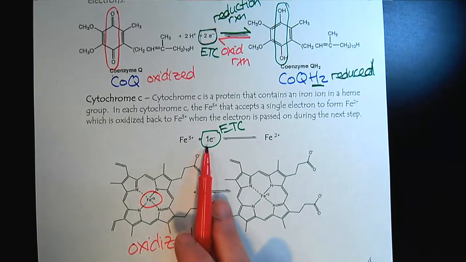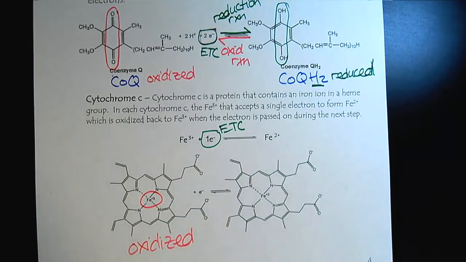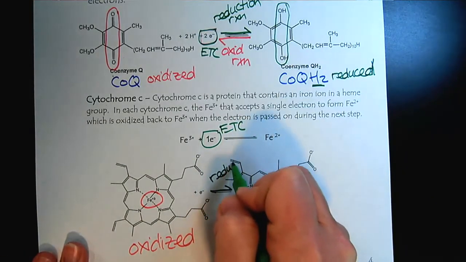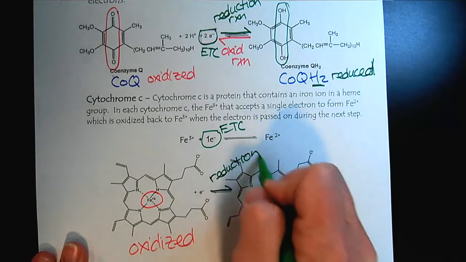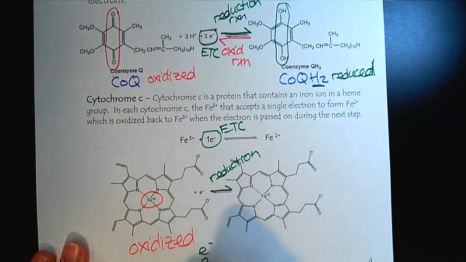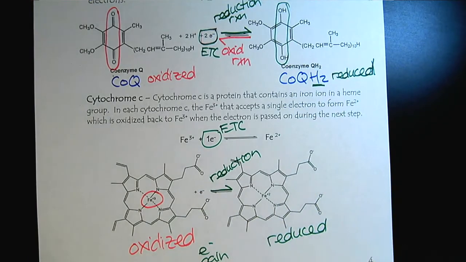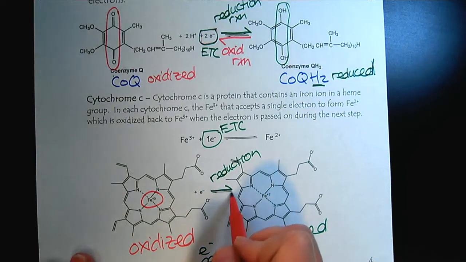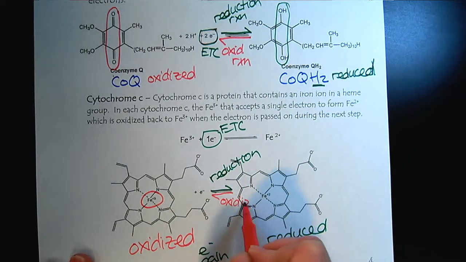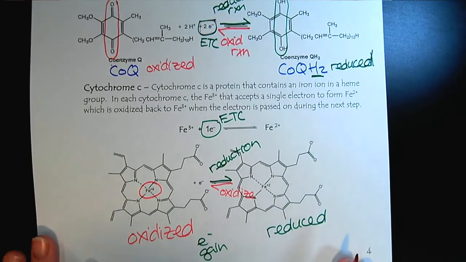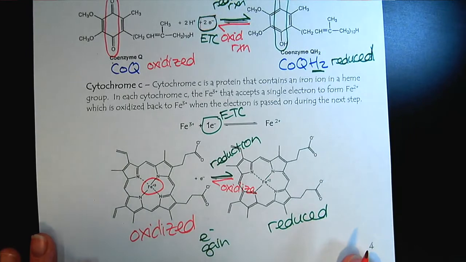And then as it gains electrons, gaining electrons is reduction, so electron gained, then this would be our reduced form. And of course, fortunately for us, it can oxidize back and forth, otherwise we wouldn't be here to talk about it. And so we see this in the electron transport chain and also in our blood with hemoglobin.